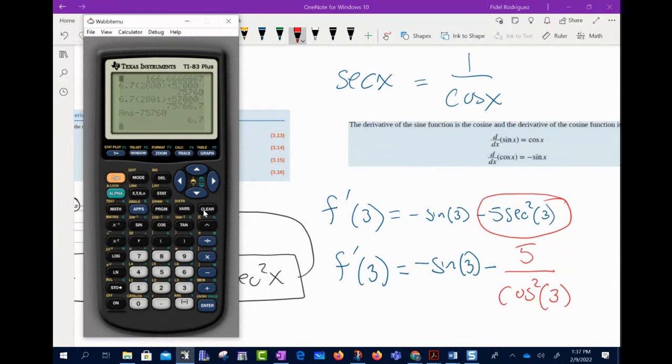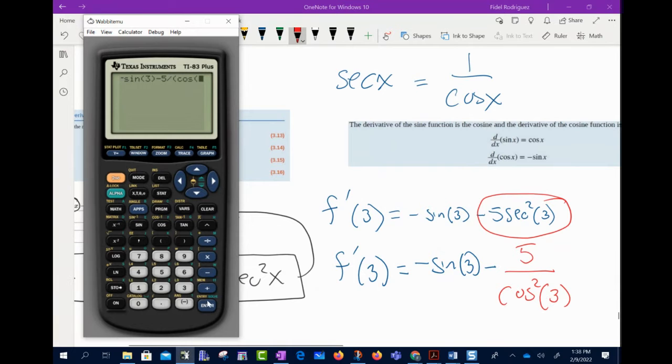So look, I'm going to turn on my calculator. Let me clear this out. First thing, y'all, I need to make sure that I'm in radians. Just to give you a heads up, if you're doing this on a TI or whatever, you're going to hit mode and make sure that you are in radians. So I'm in radians there. Now we're going to say negative sine at 3, minus 5 over parentheses cosine of what value?